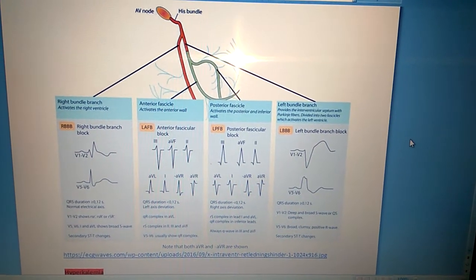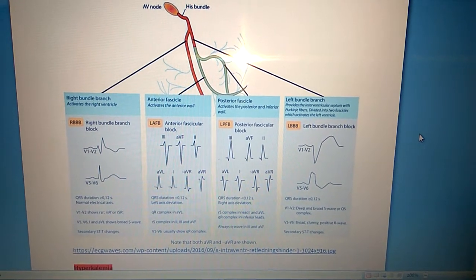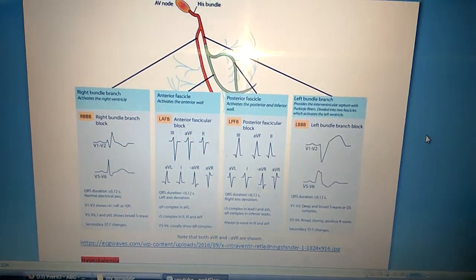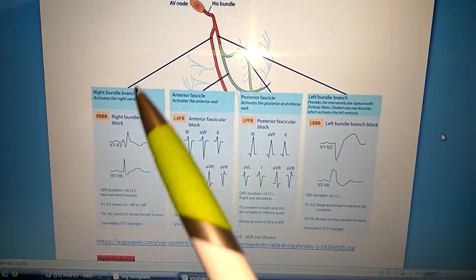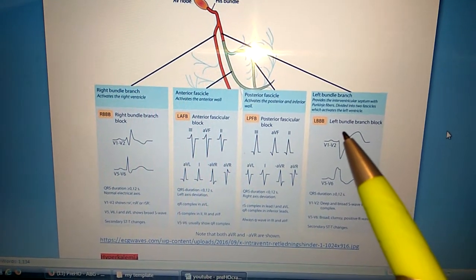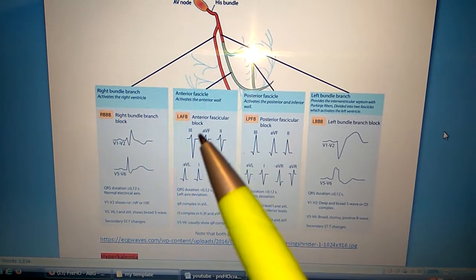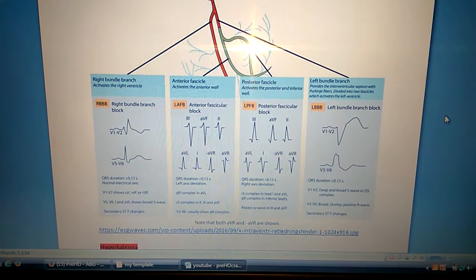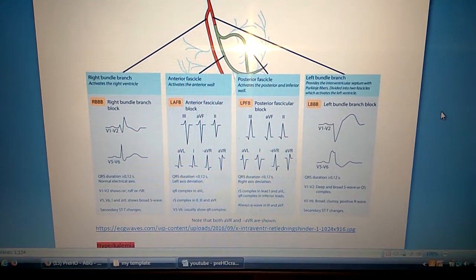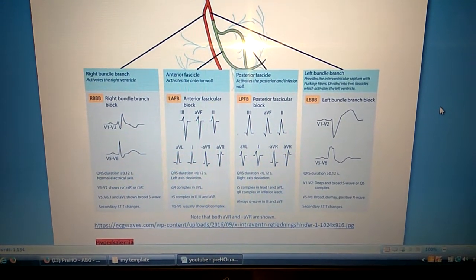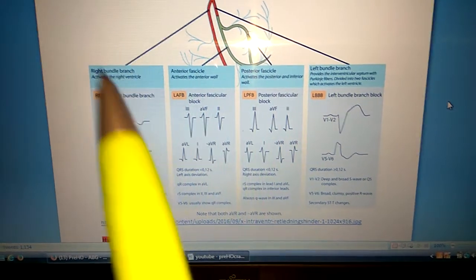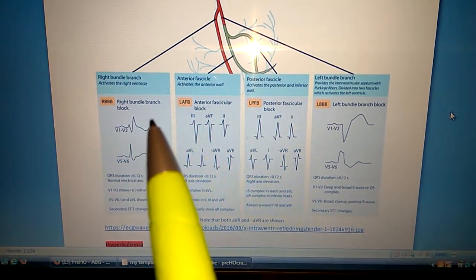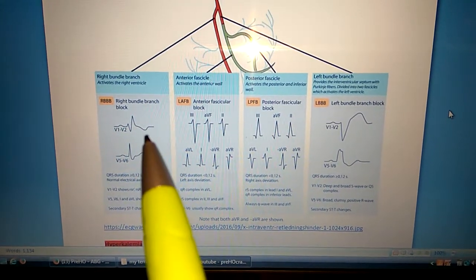MI also can lead to bundle branch block and also fascicular block. There are 4 types of blocks: the right bundle branch block, left bundle branch block, the anterior fascicular block, and posterior fascicular block. From here we can see if RBBB, the V1, V2 will be M shape.